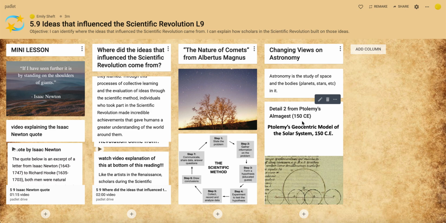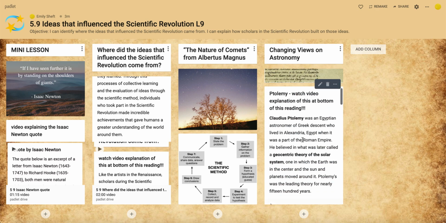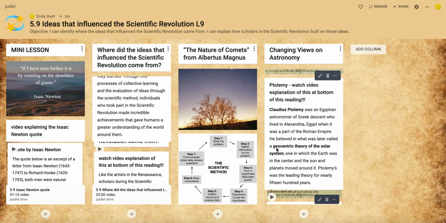So this is about 500 years prior to the start of the scientific revolution that we look at Ptolemy's geocentric model, which aligns with what the Catholic Church believed. The Catholic Church and Ptolemy believed that the Earth was at the center of the universe.